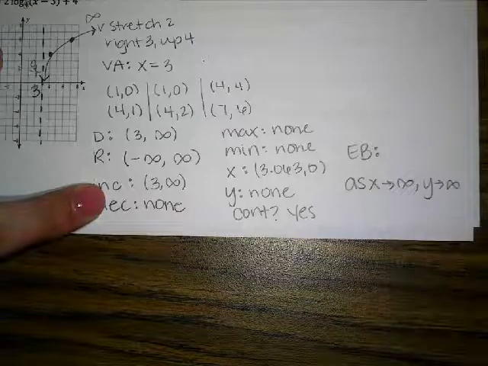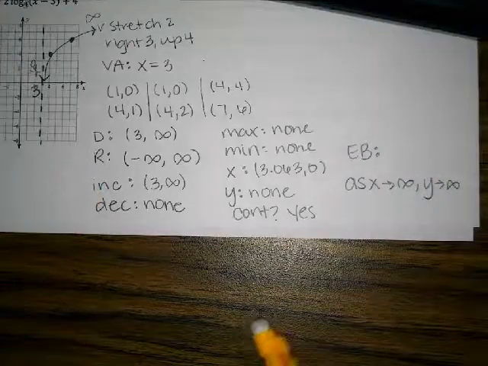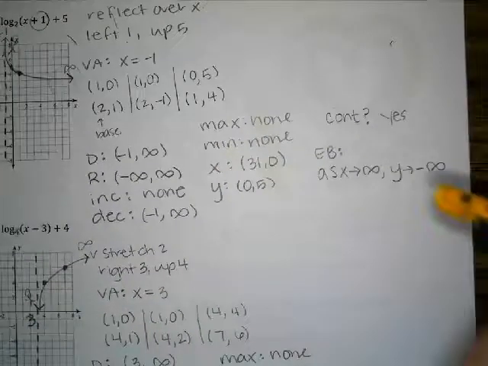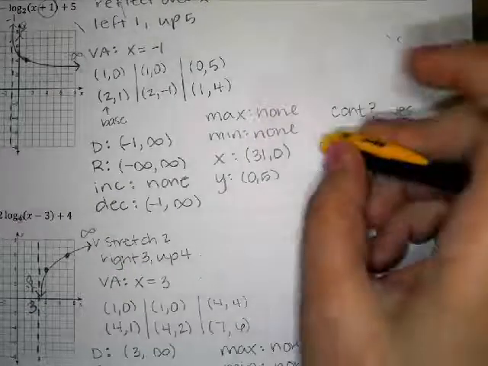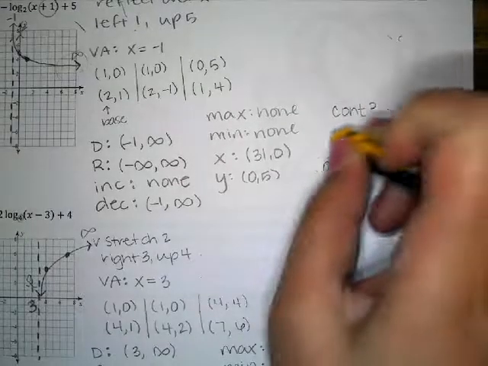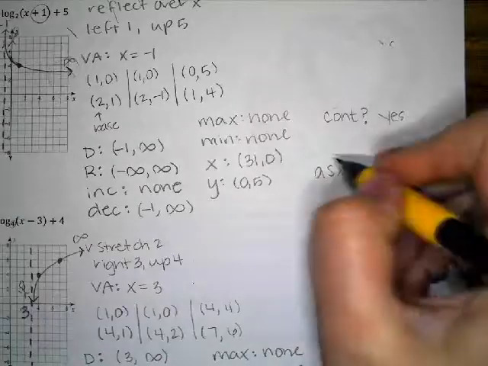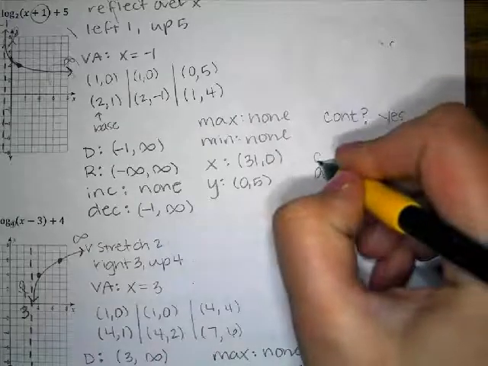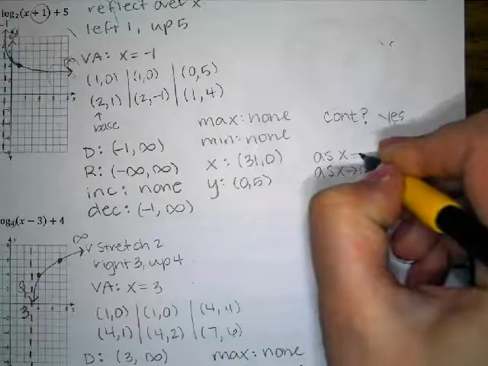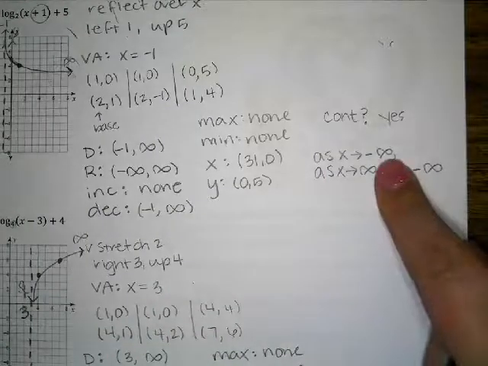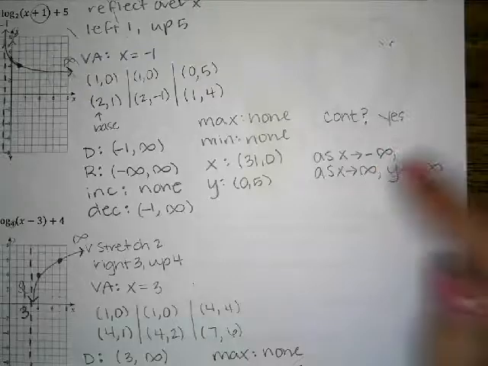So when I talked to Dr. James, we can go back to example 5. He said he would have done the same thing that I talked about, still looking at the left arrow and still looking at the right arrow. With this one, the left arrow cannot go left forever because it's stopped by the asymptote. That's the x value, not the y value.